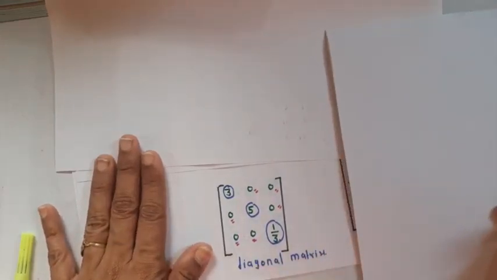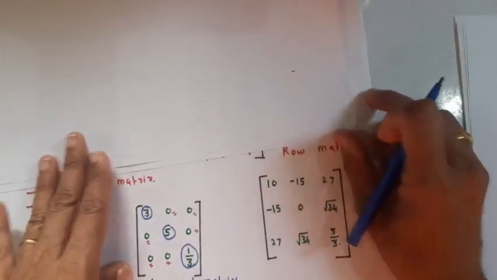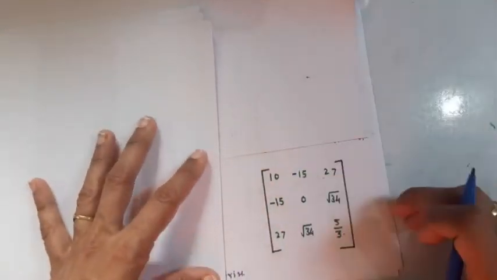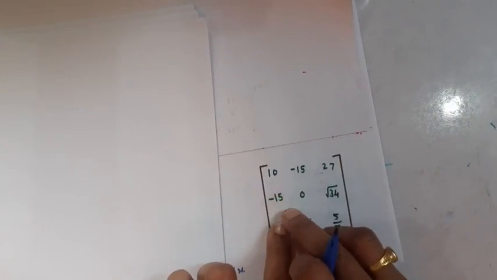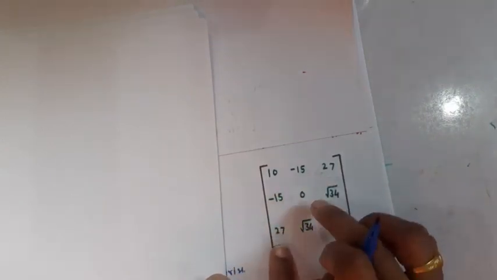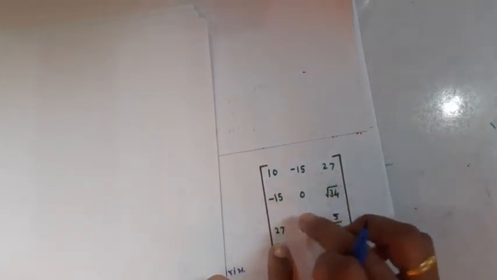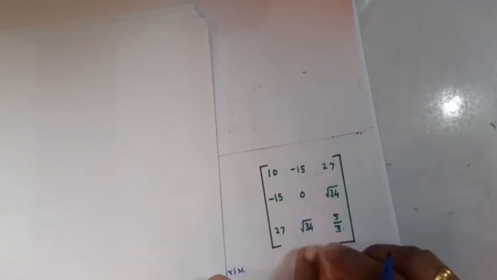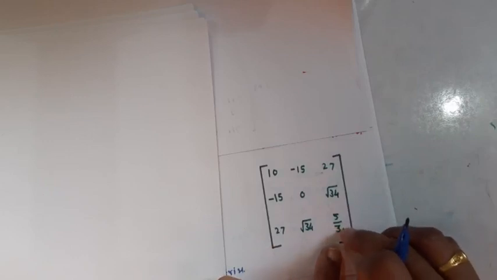Okay, now the next matrix. Suppose the matrix is 10, minus 15, minus 15, 0, square root of 34, 27, square root of 34, 5/3.